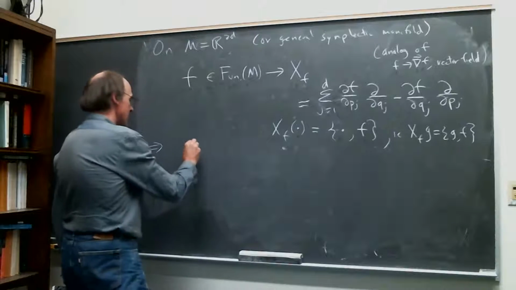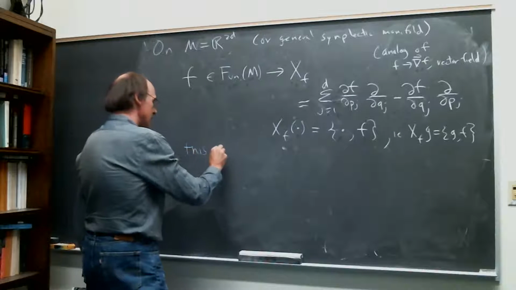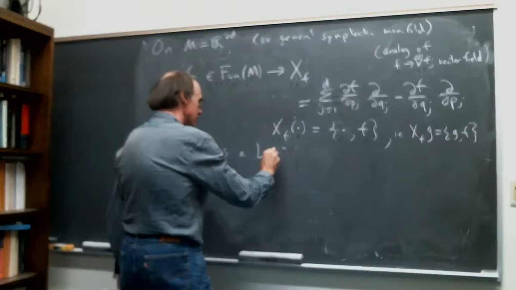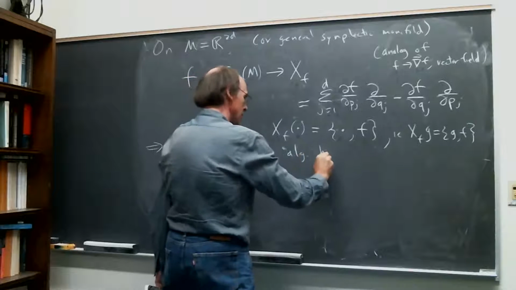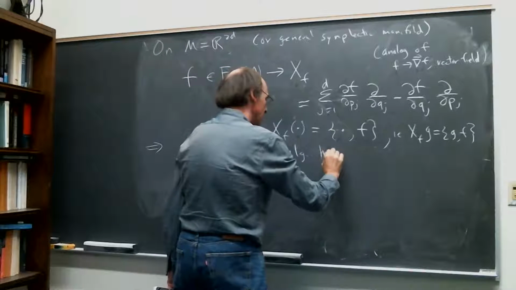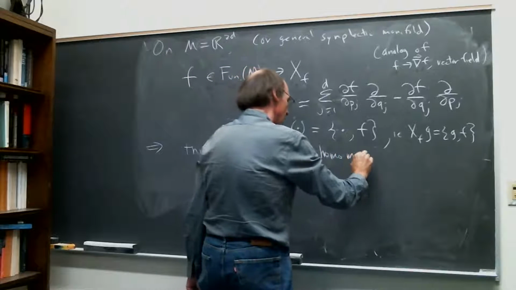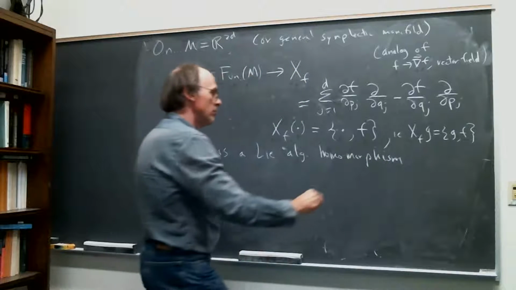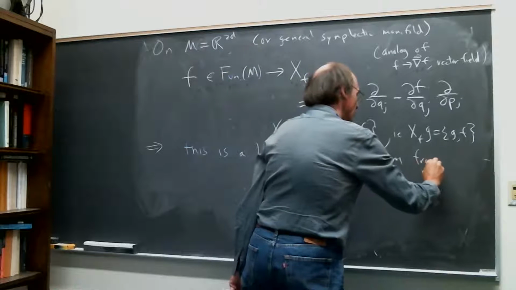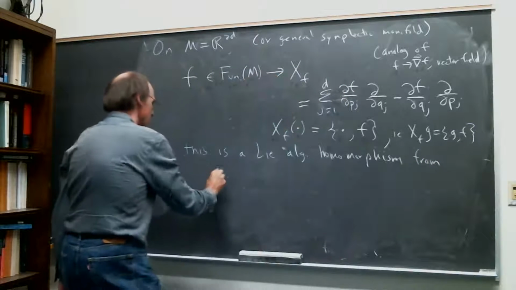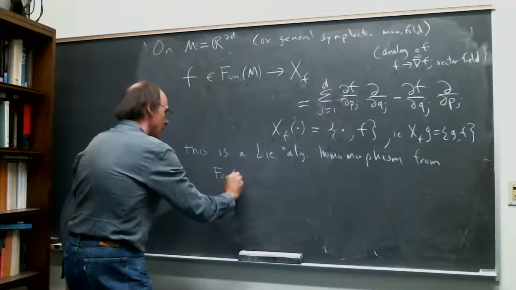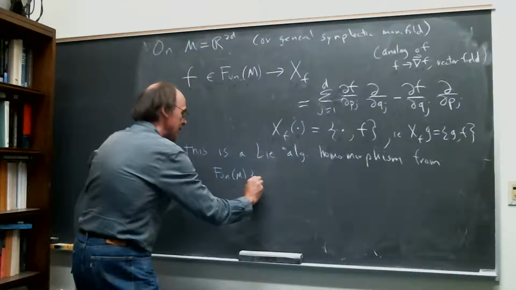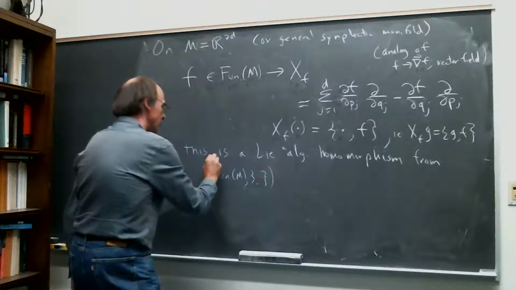So this map is a Lie algebra homomorphism from functions on M. Remember that they're a Lie algebra with a Poisson bracket.